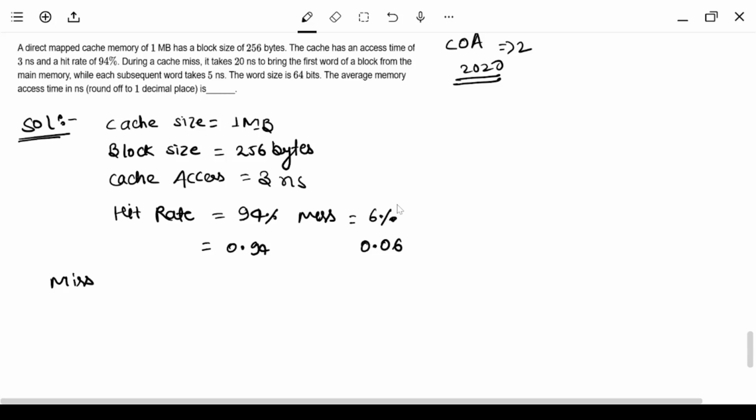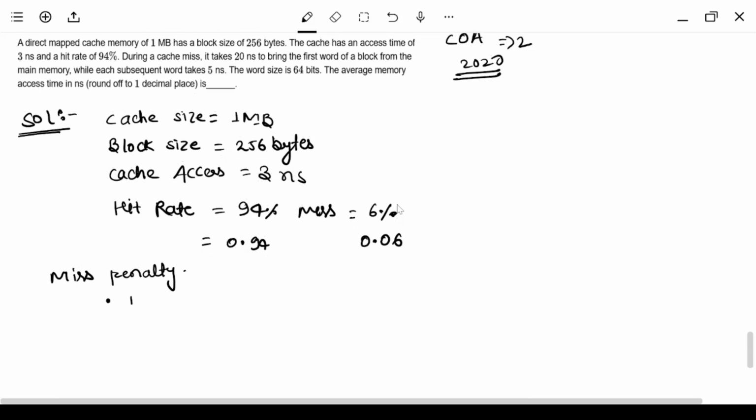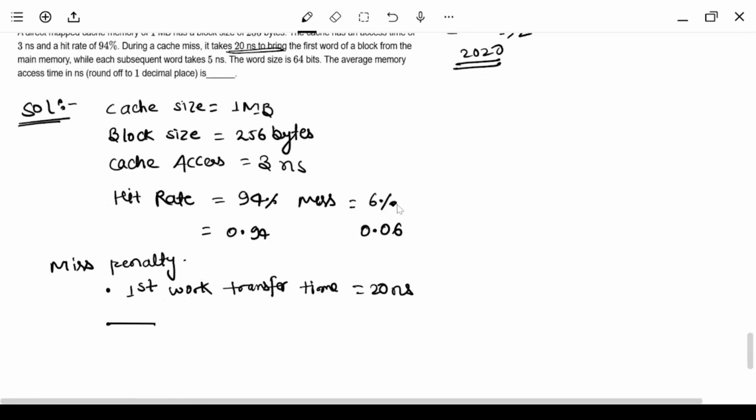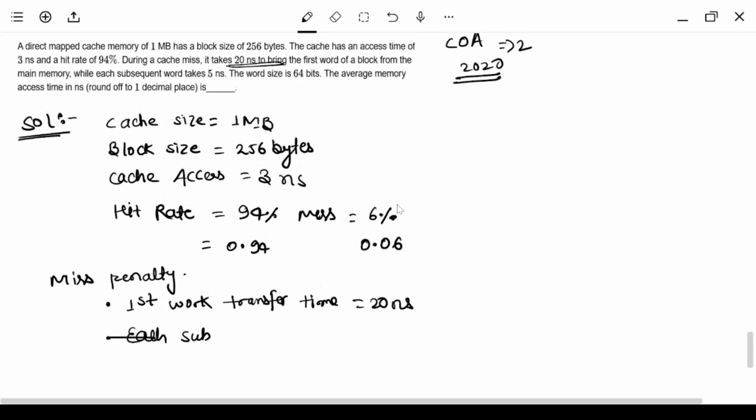Okay, so let us calculate the miss penalty. For the first word, the transfer time of 20 nanosecond is given here, and each subsequent word, how much is it taking?